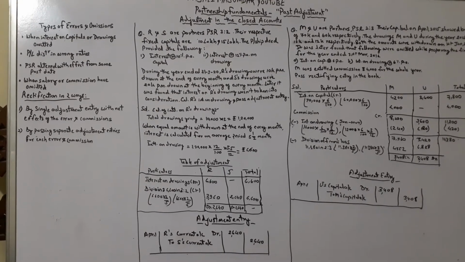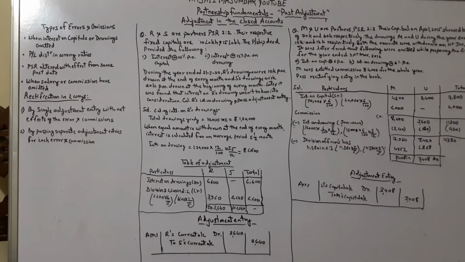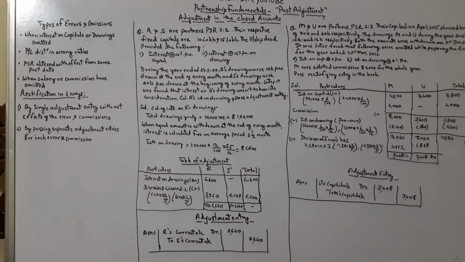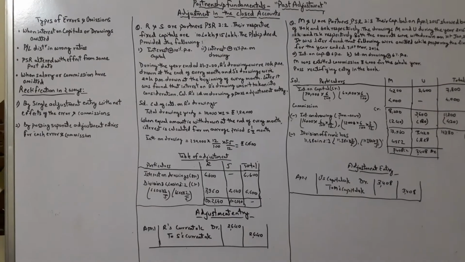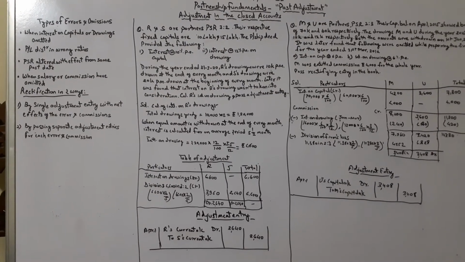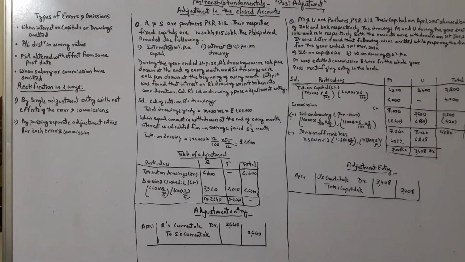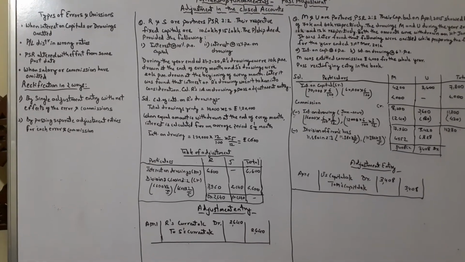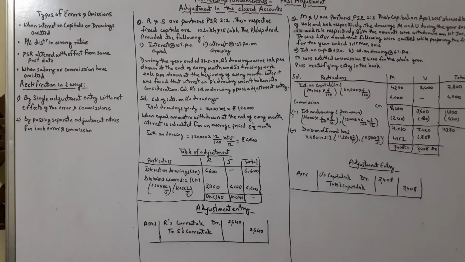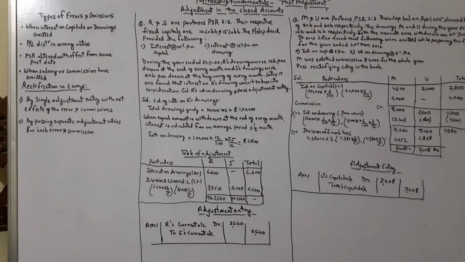The debit is greater, therefore 2,640 will be debited to R. For S, the credit is greater, 2,640, therefore 2,640 will be credited. Based on the table of adjustment, whosoever has been debited and credited, the same will be passed in the adjustment entry. Like R's current account is debited with 2,640 and S's current account is credited with 2,640.